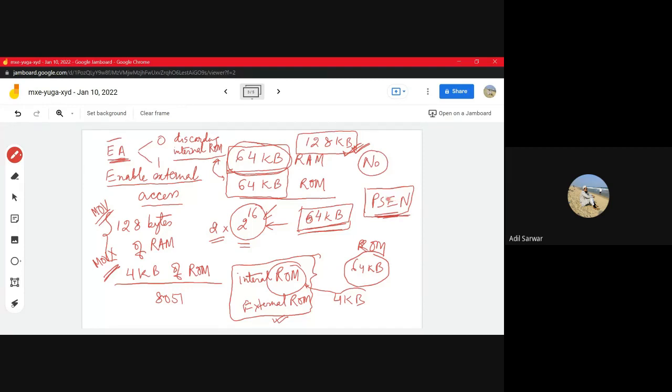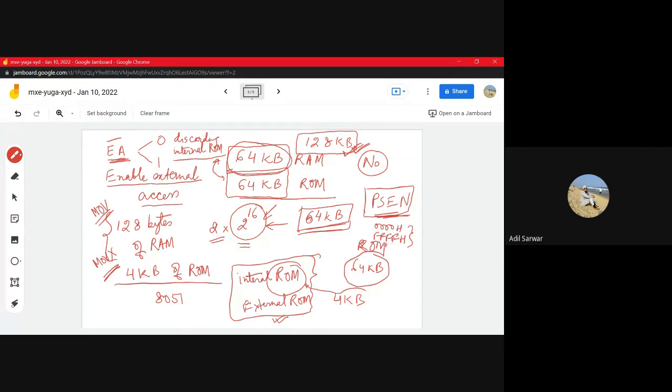I told you that there is a 16-bit address bus, A0 to A15, in the 8051, and this should allow 64 KB of external memory to be accessed. But I told you that 64 KB of external ROM and 64 KB of external RAM, a total of 128 KB, can be accessed through this address bus. Both have the same address range, 0000H to FFFFH, which makes it 64 KB.